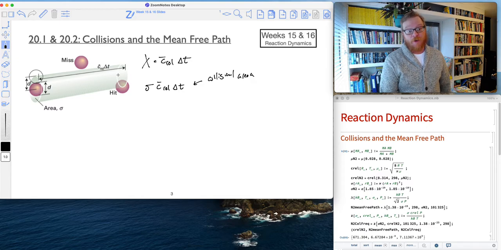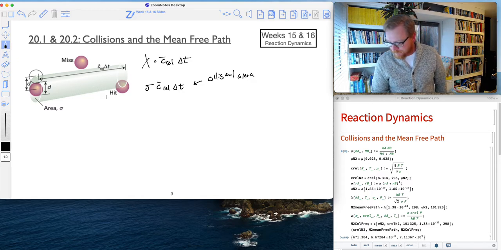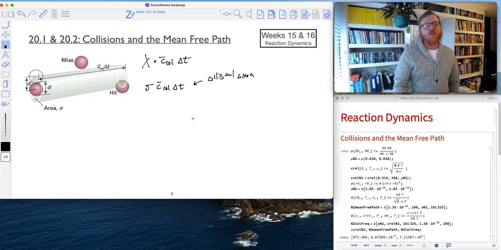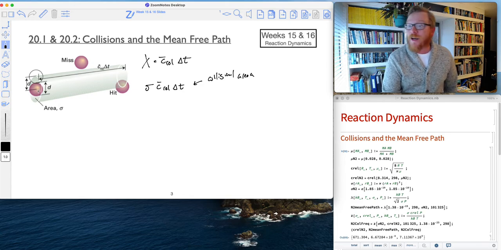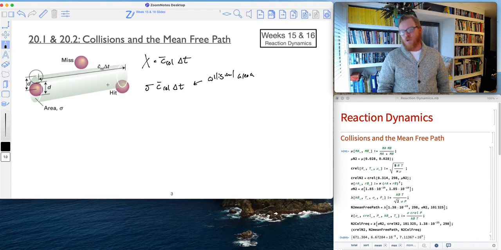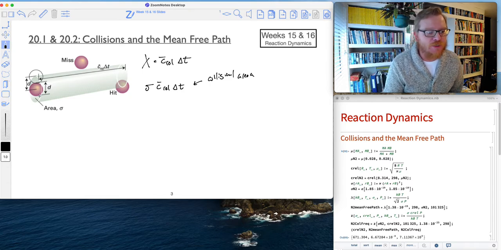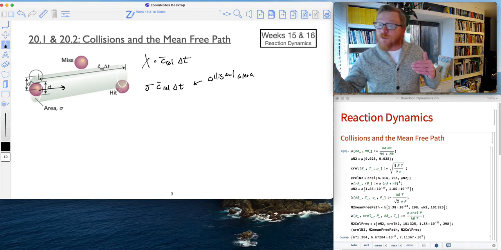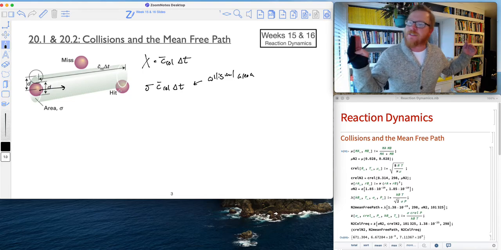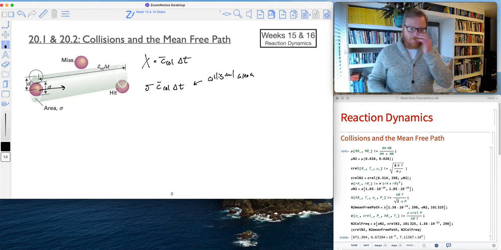So in other words, the area of this tube, okay? And from there, we can turn that into a concentration. And that concentration would be, I've got one molecule in this mean free path tube, okay? So the way that this derivation starts is by assuming that this molecule right here is in the tube, and this molecule right here is just outside of that tube because it's going to travel and collide, okay?